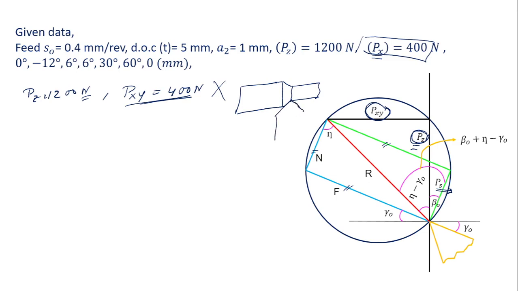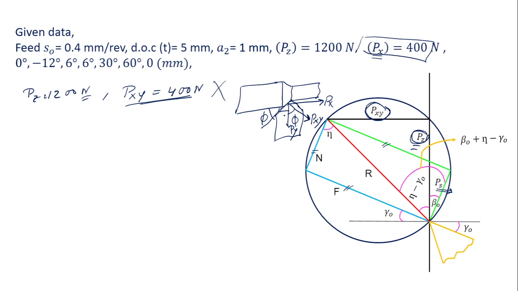Here this is the Py component of the force, this is the Px component of the force, and this is the Pxy component, the resultant of Px and Py, and this angle is phi, because this is the principal cutting edge angle phi. If this is phi, these two, Py and the feed direction, are perpendicular to each other, so this is 90, and this angle is 90 minus phi.